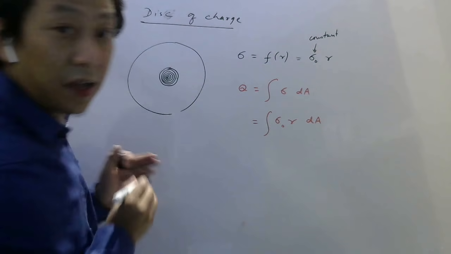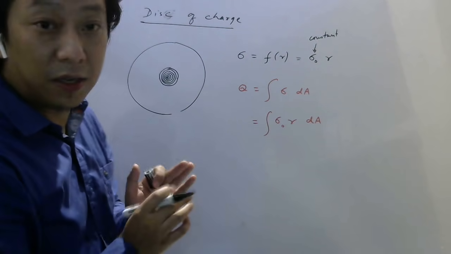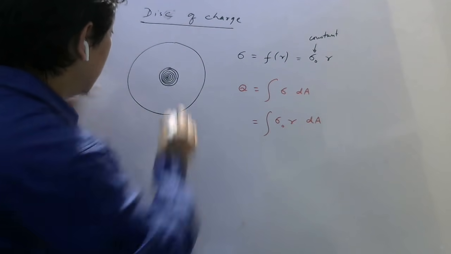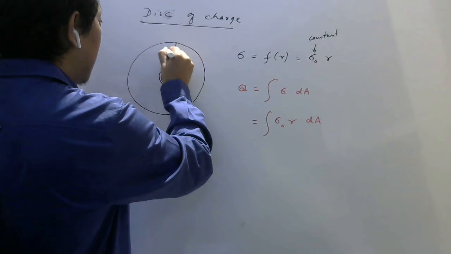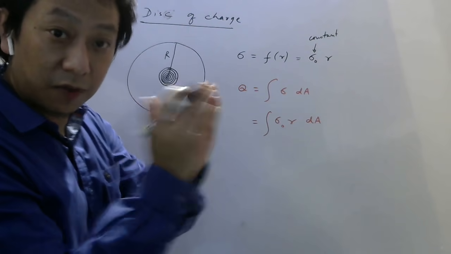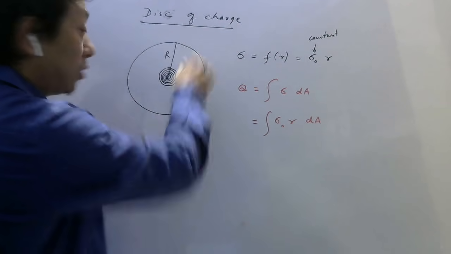So like that, I can think this whole disk is made up of rings whose radius start from 0 till they reach this capital R. Capital R is the radius of the actual disk.